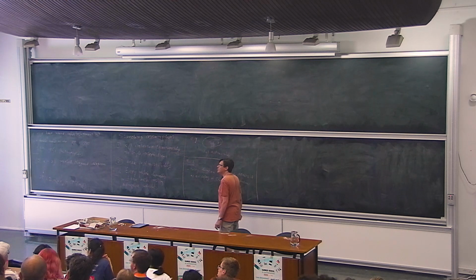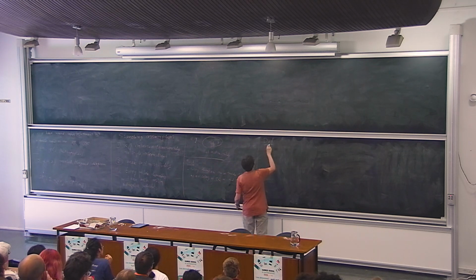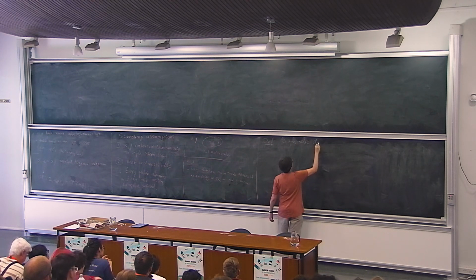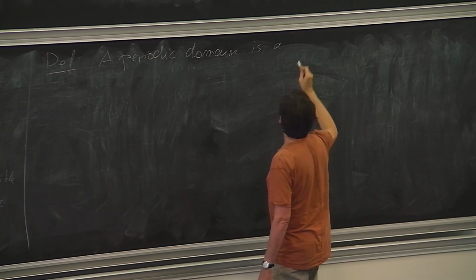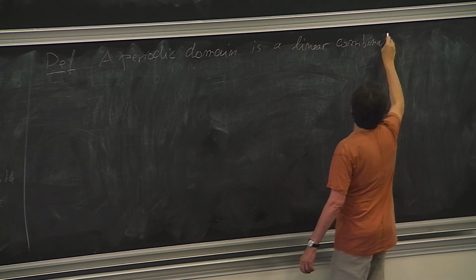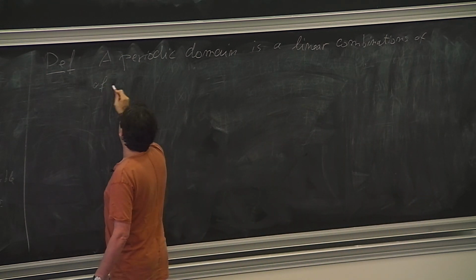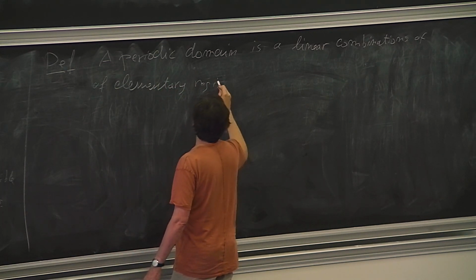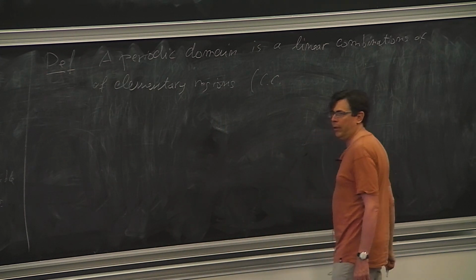I think that it would be useful to recall it with a higher degree. A periodic domain is a linear combination of elementary regions, and maybe I should recall what an elementary region is.